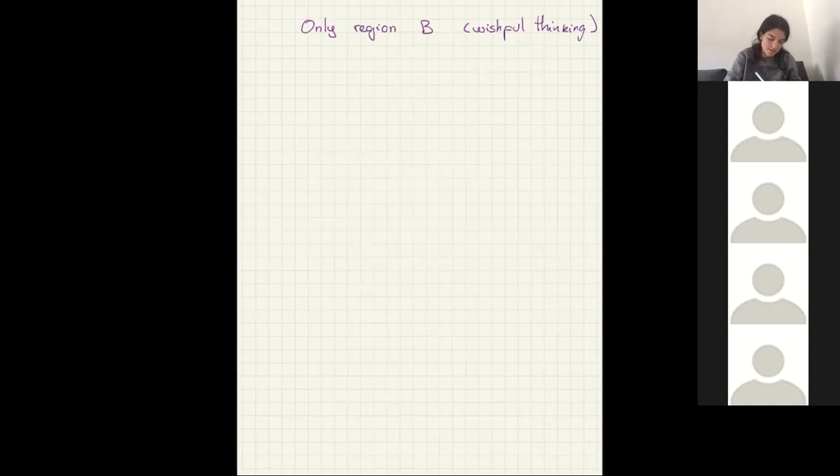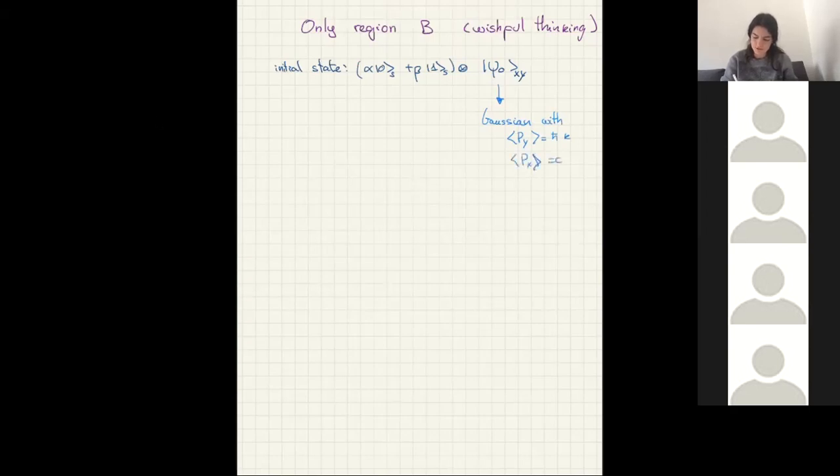So let's say that the initial state is like we said, so it's going to be something unknown on the spin, tensor phi 0 of xy, which we will take to be a Gaussian with some momentum py, and let's say for now nothing here.